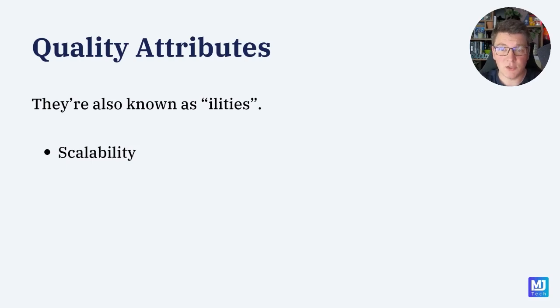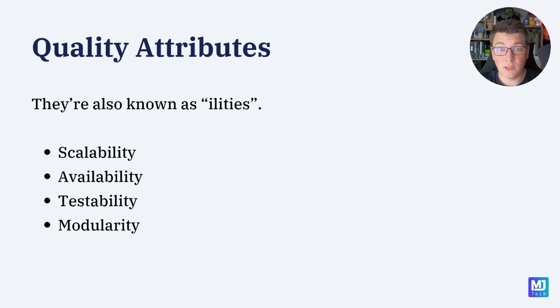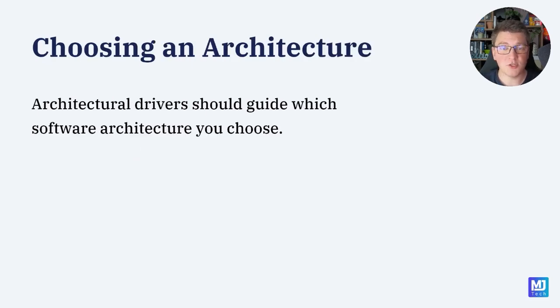Examples of quality attributes include scalability, availability, testability, modularity, and maintainability. And while quality attributes represent the non-functional requirements of your system, they are still critically important for your system to function correctly. So when we are deciding which software architecture to use, we should keep in mind these architectural drivers and use them as a guide to help us make the correct choice in a given context.